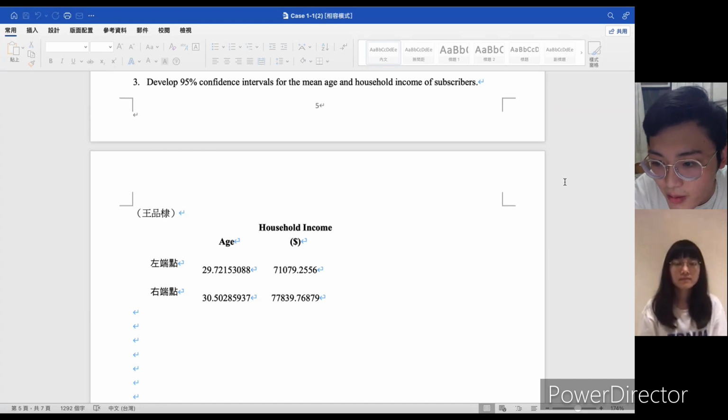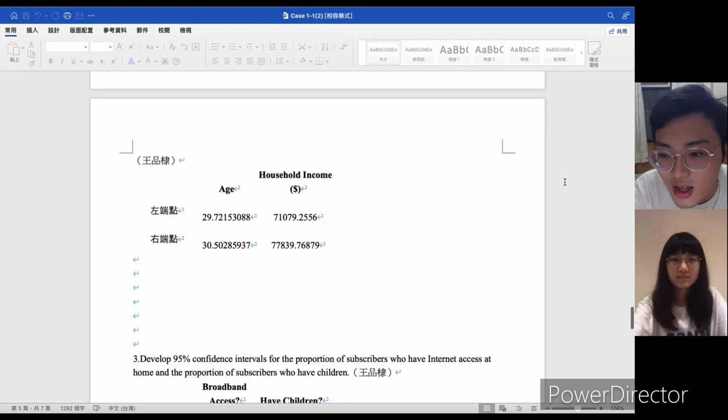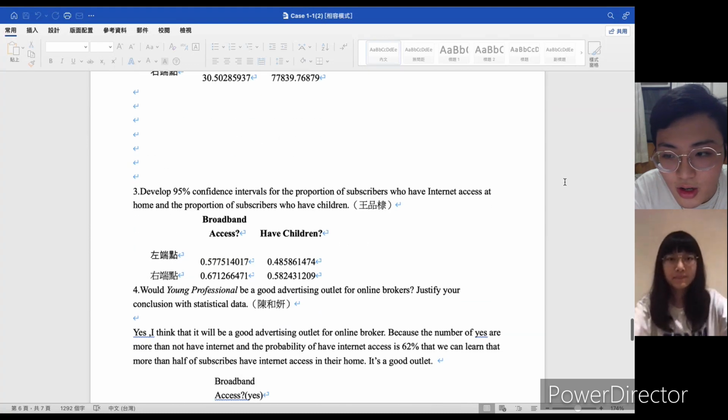The right endpoint is 30.5. The left endpoint of household income is about 71,079. The right endpoint is about 77,839.76.